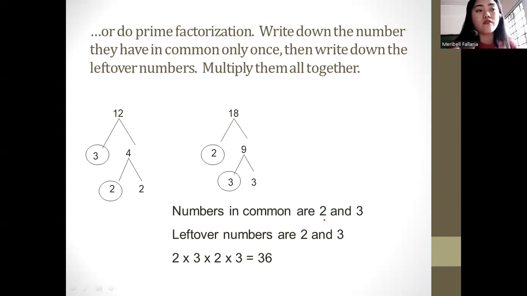Kanina wala tayong leftovers. Pero sa LCM, we don't forget to multiply by the leftover numbers. Ayan, we have 2 times 3, the common. And then the leftover here is 2 and 3. Ayan, the leftovers. And then multiply 2 times 3, 6 times 2, 12 times 3 is equal to 36.